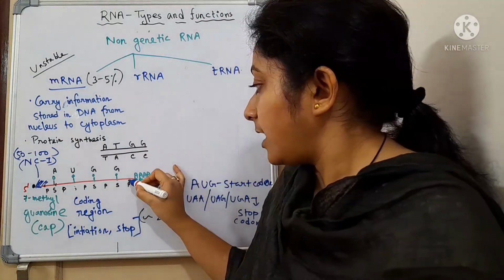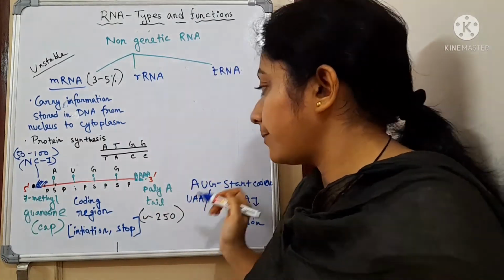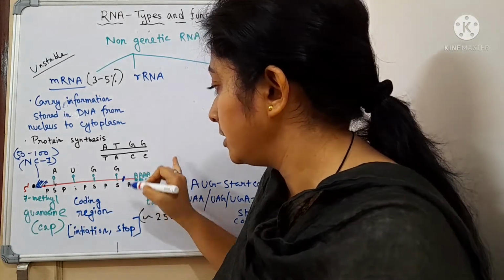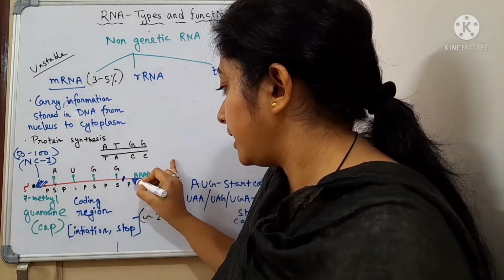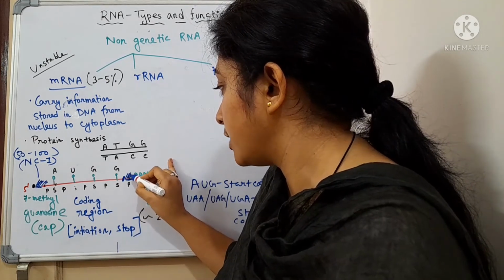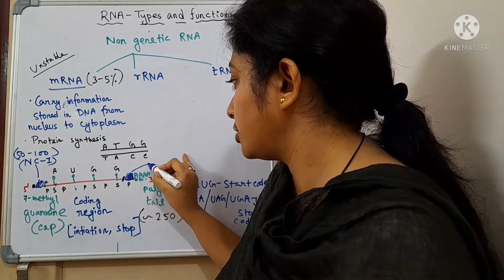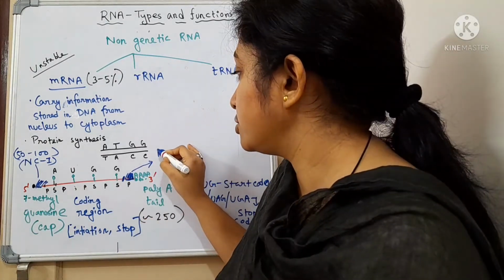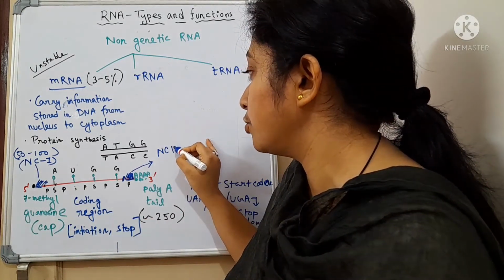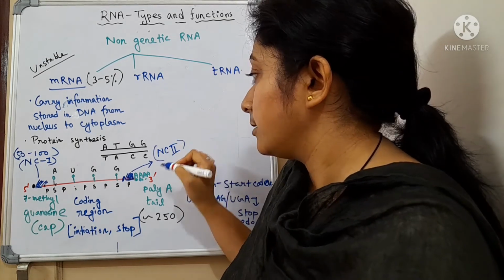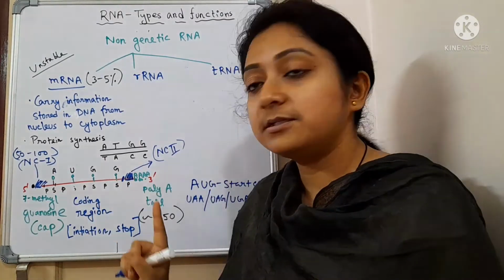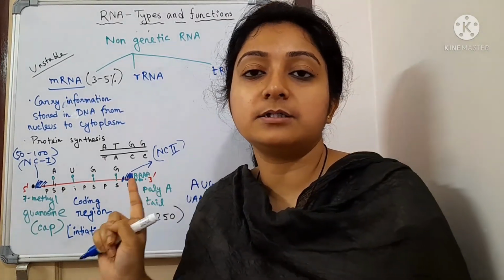Right after this stop region, there are another 50 to 100 residues which are not taking part once again in the protein synthesis, and that region is considered as non-coding region 2. After that the poly A tail will start, and after that the 3' end, and here the mRNA is ended.